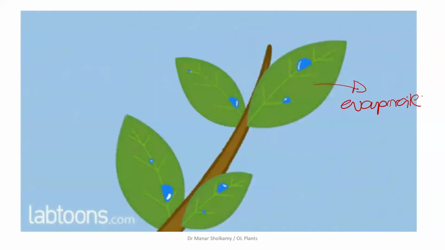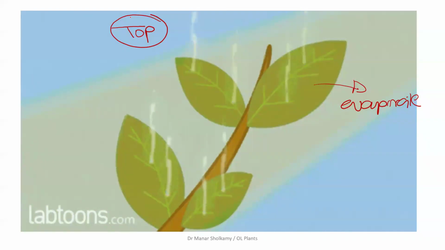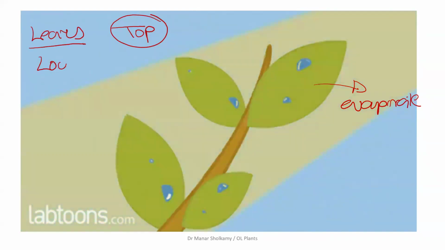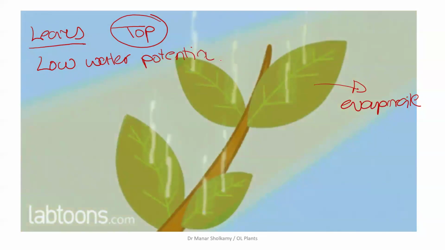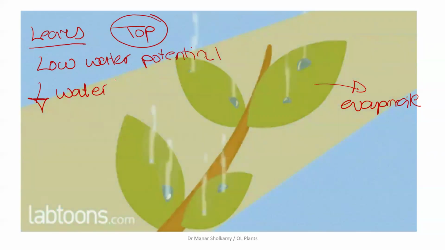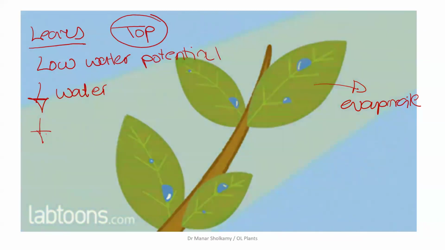This means that the water concentration at the top of the plant, or the water potential at the leaves, is low. If I want to simplify matters, I have less water at the top of the plant. I have less water pressure at the leaves.